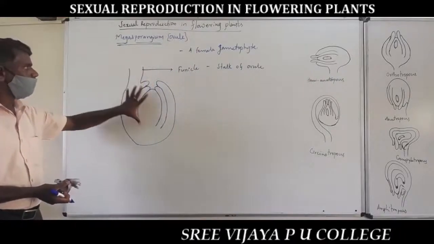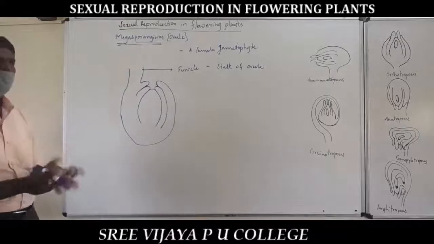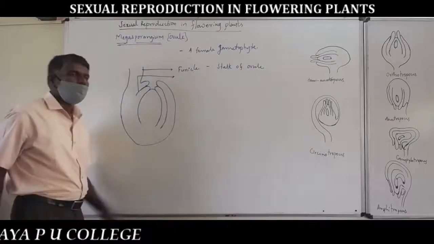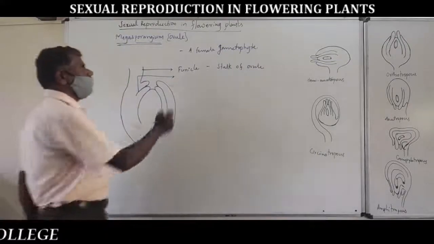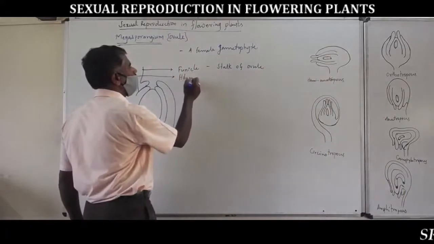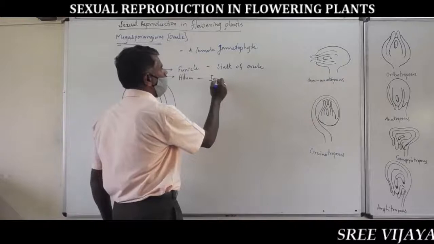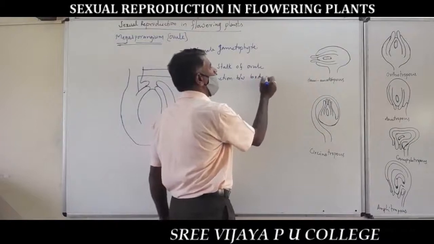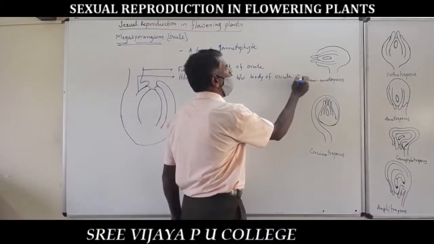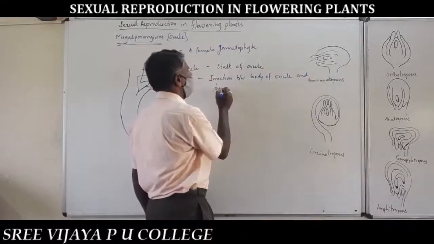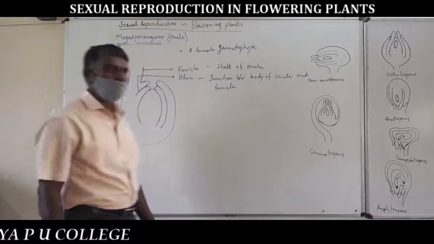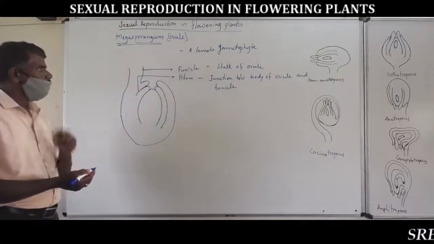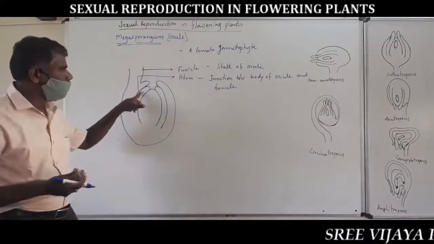The funicle is attached to the body of the ovule, and the junction between the funicle and the body of the ovule is called the hilum.